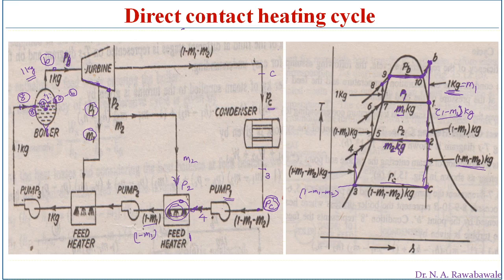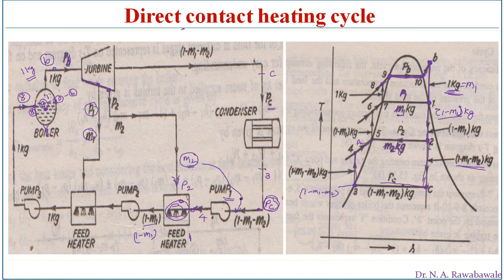From 4 to 5, this is a constant pressure line at pressure P2. What happens here is there will be transfer of heat from the steam of mass m2 to the condensate of mass 1 minus m1 minus m2. Here the transfer of heat takes place from this m2 kg of steam which is bled out to the feed water of mass 1 minus m1 minus m2.